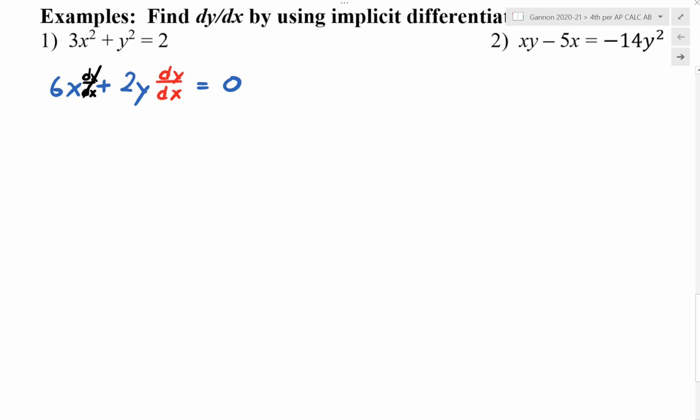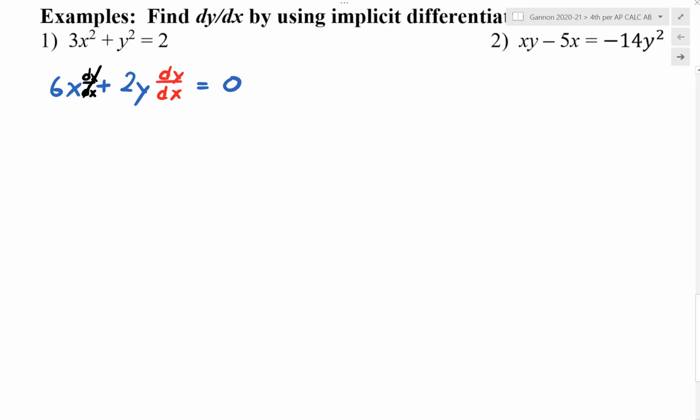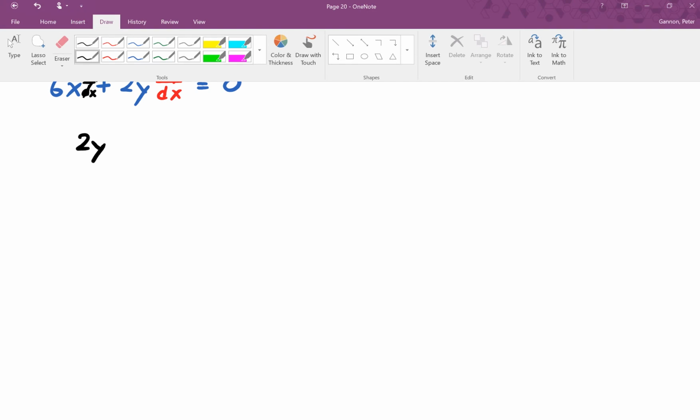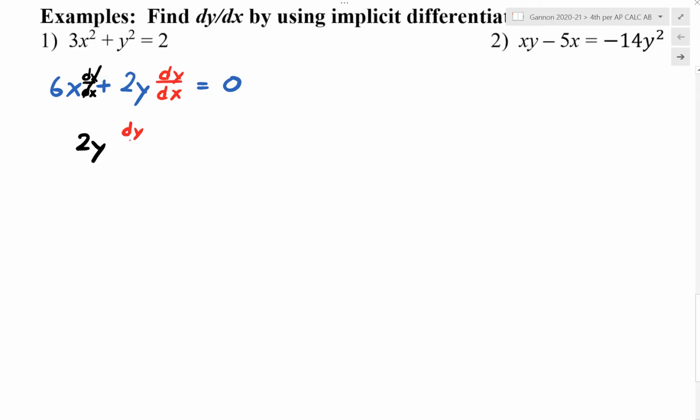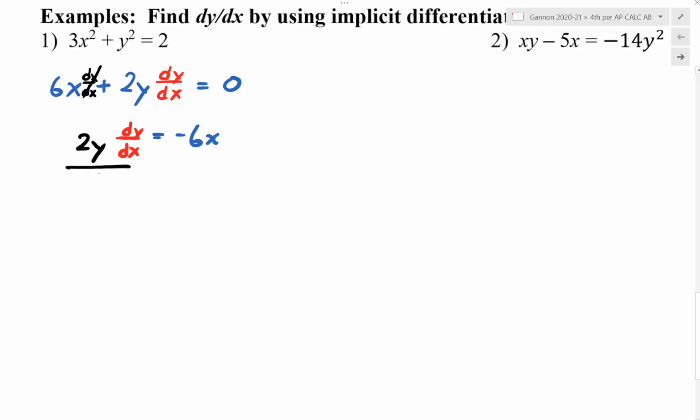At that point, we are going to isolate the terms that have dy dx. So we have 2y dy dx equals negative 6x. We are then going to divide everything by 2y.